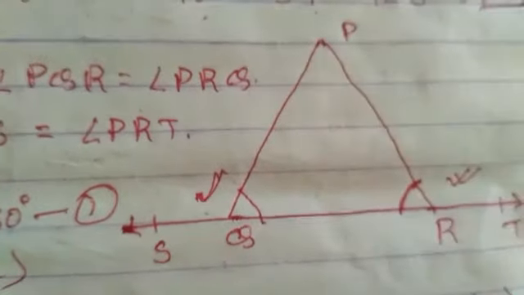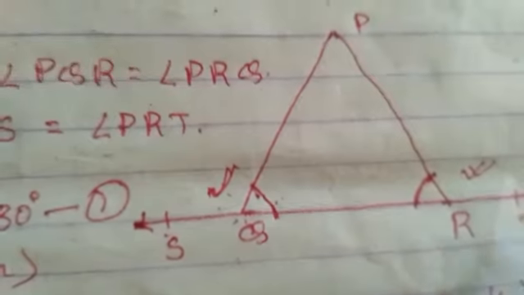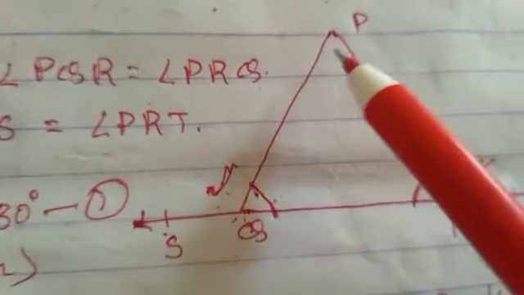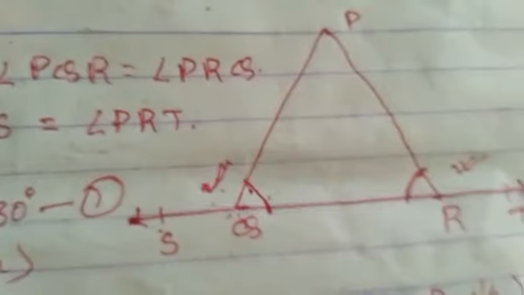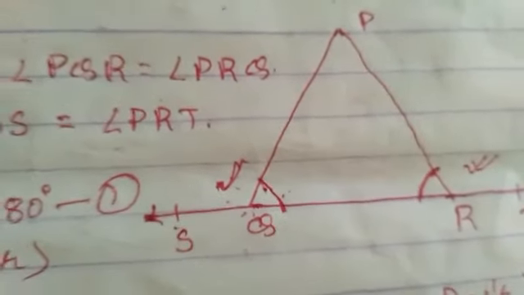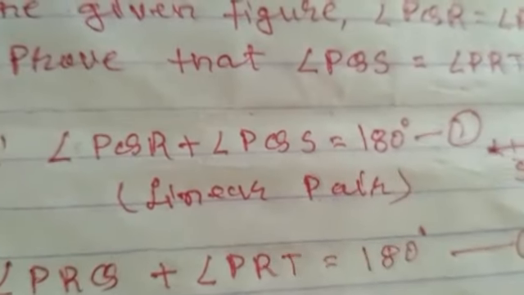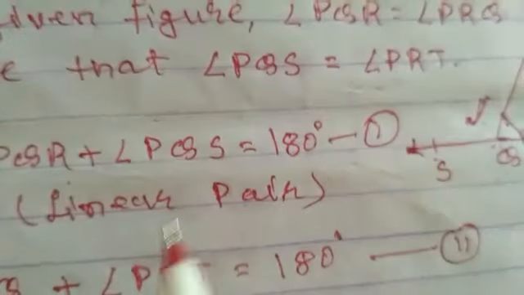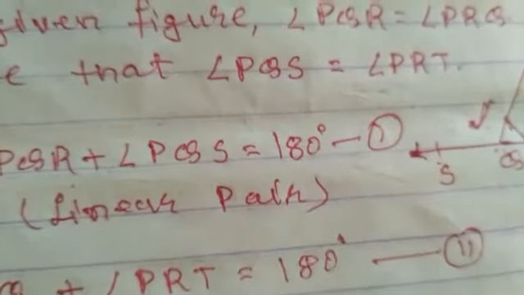From here we can conclude that angle PQR and angle PQS are linear pairs, because these two are on the same straight line ST, and PQ is a ray coming at point Q. So here we have angle PQR plus angle PQS equals 180 degree. This is because of linear pair.